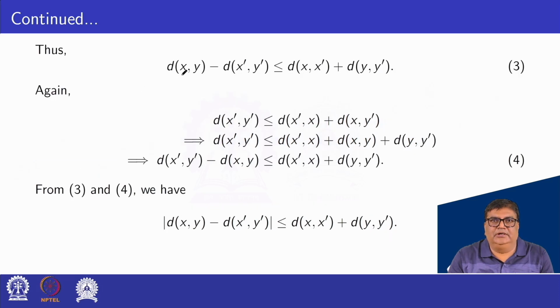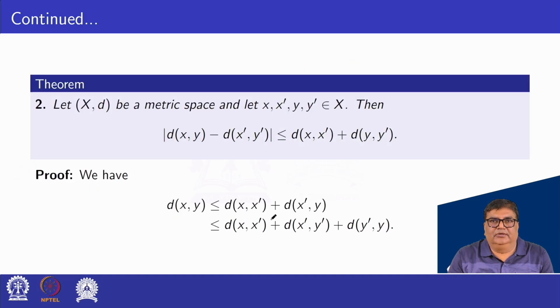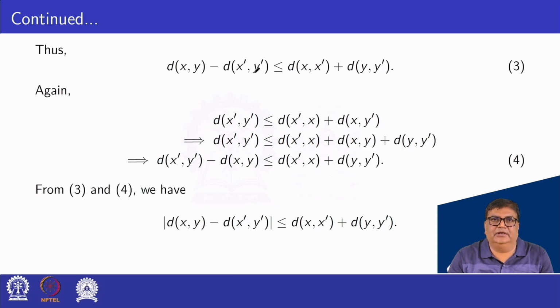Thus, d(x,y) minus d(x',y') is less than or equal to d(x,x') plus d(y,y'). These terms we can write on the left side, that is d(x,y) minus d(x',y') is less than or equal to d(x,x') plus d(y,y'). Again, we apply the fourth property of the metric on the points x', y': d(x',y') is less than or equal to d(x',x) plus d(x,y').